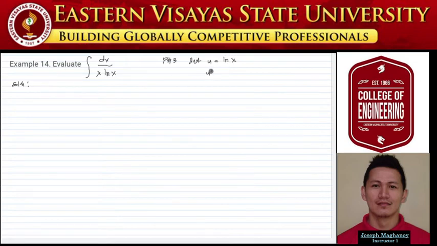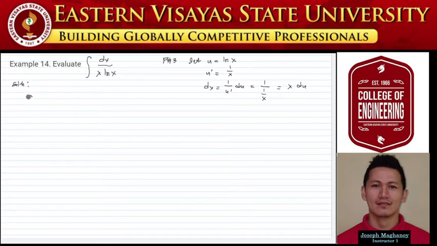So the first derivative of your ln x is 1 over x. So your dx is equal to the reciprocal of your first derivative times du. Finally, your dx is equal to x du.